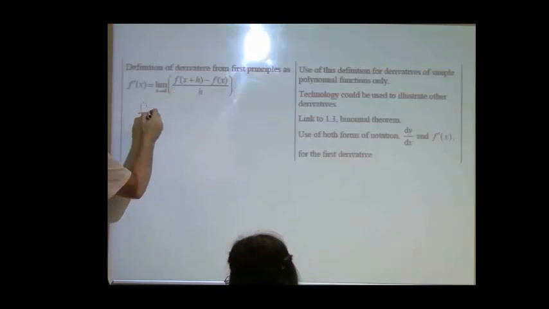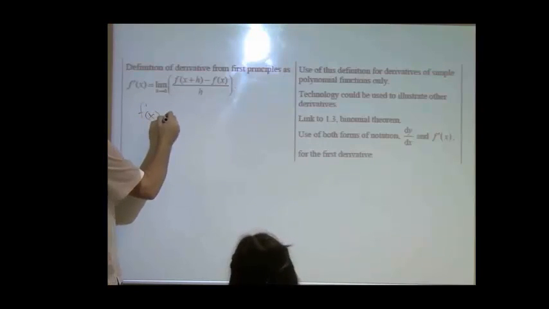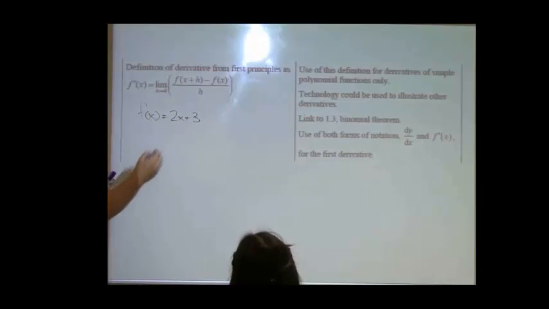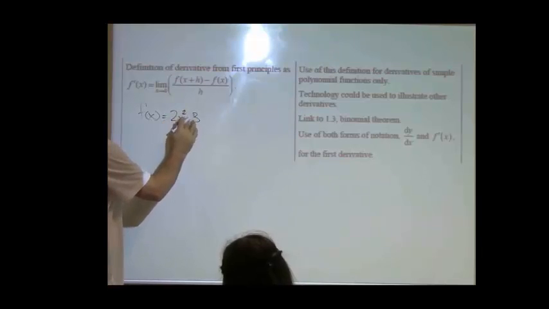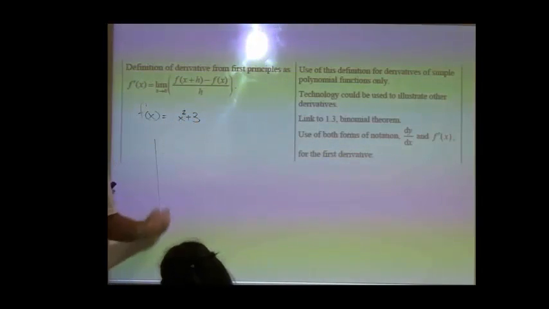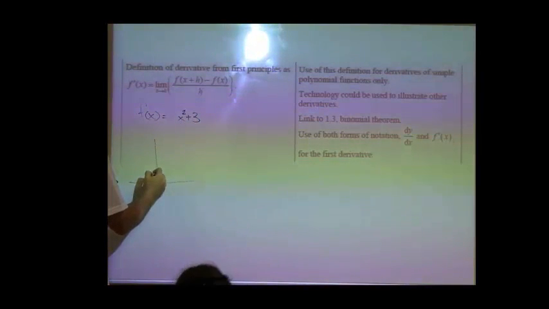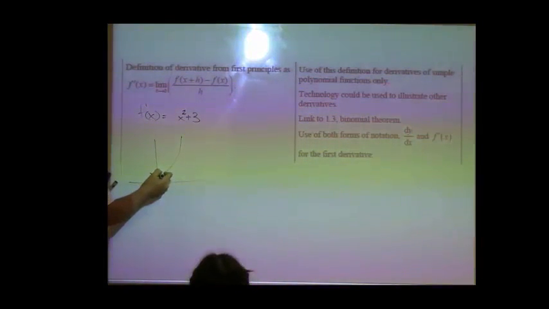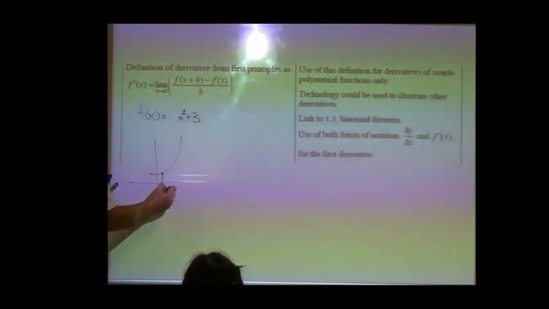So f of x, if I say that's 2x plus 3, let me make it squared just so we have something a little bit funner to play with. Right? So it's kind of going like that. Now, all they're saying, and I think we talked about this a little bit, there's x.